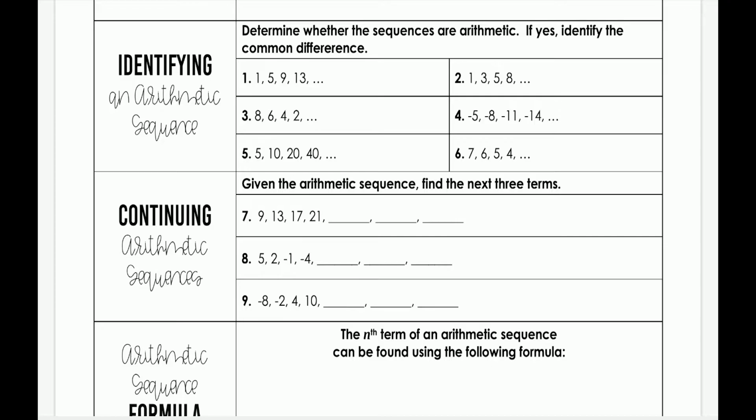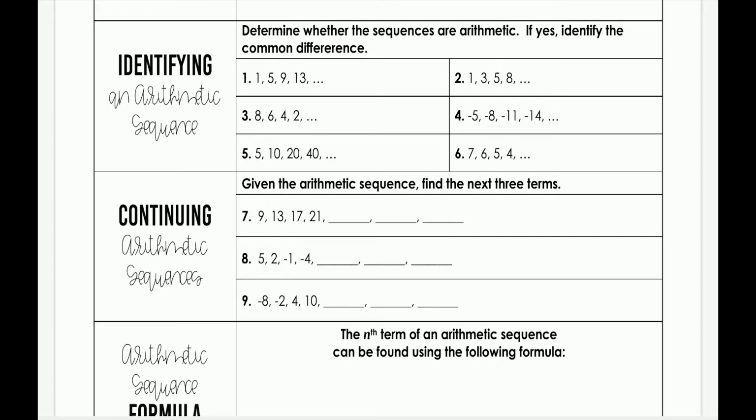So in other words, it's always the same. You're doing the same thing to the number, and you're either adding or subtracting. You are able to do multiplication, but that's a completely different being. That's called a geometric sequence, and for right now we won't be covering those in this class.